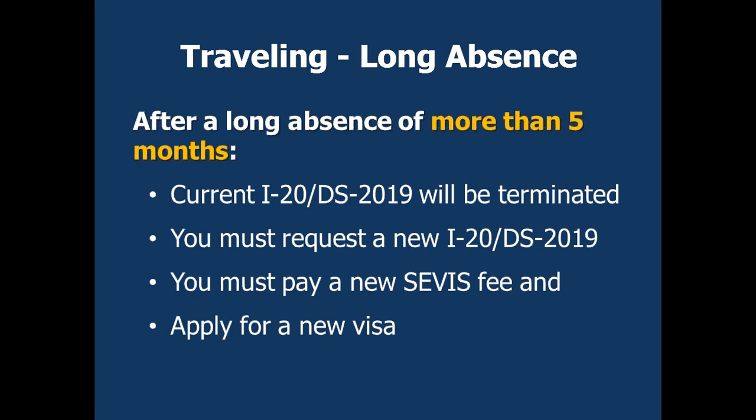And you need to know that your I-20 will be terminated. Your travel is going to be more than 5 months. So I really meant to say, if you are going to be out of the country for more than 5 months, your I-20 or DS-2019 will be terminated or cancelled.